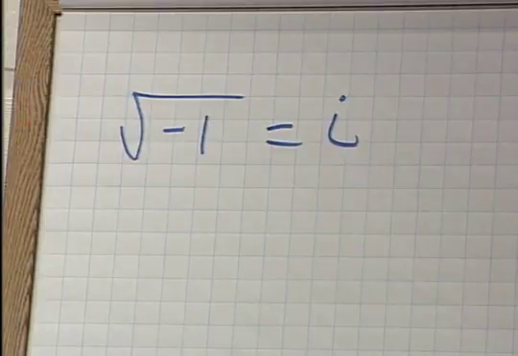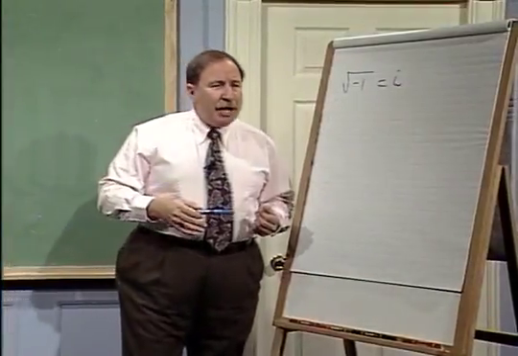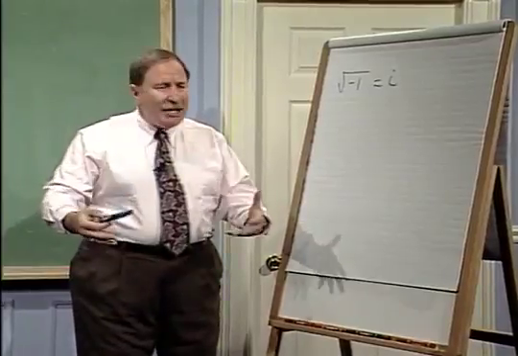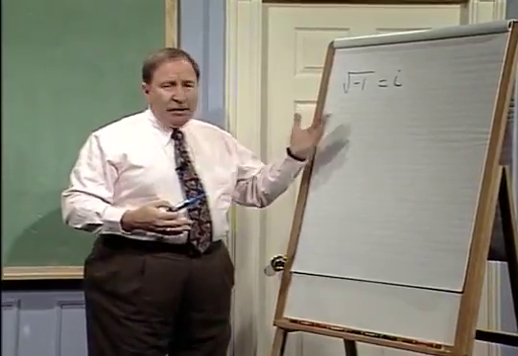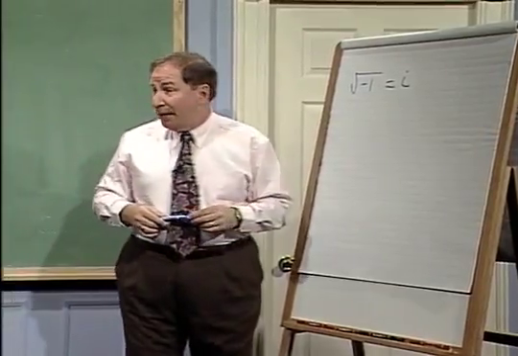A lot of mathematics is created not because people have a reason to apply the mathematics, but because they would just like to play around with it, see what happens, what if we do this kind of thing. And then many years later, someone else comes along and uses it. It happened here. Initially, i was just a symbol used for the square root of negative 1.